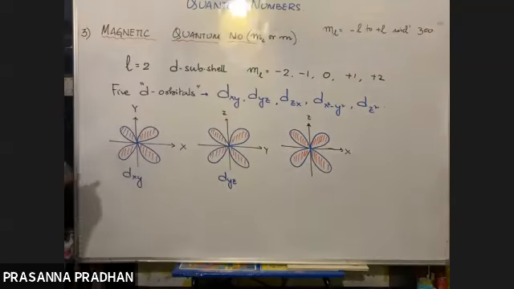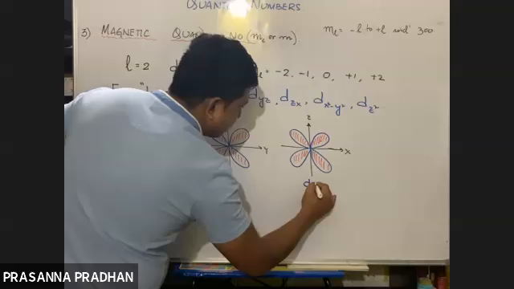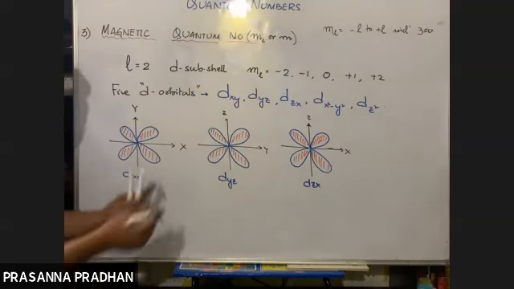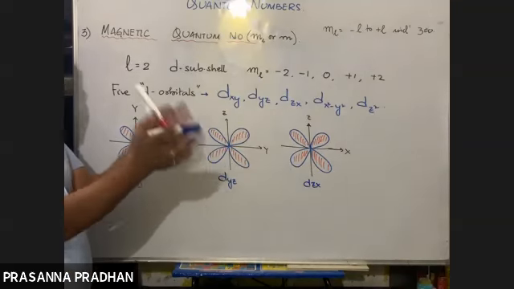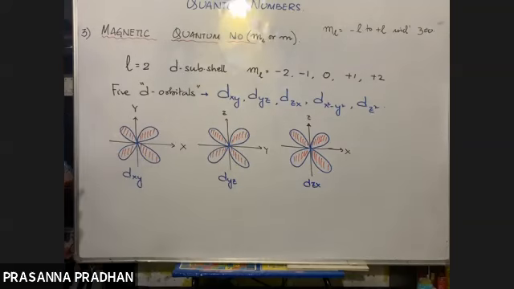So this is the dzx. So these 3 orbitals have maximum electron density lying in between the coordinate axes.